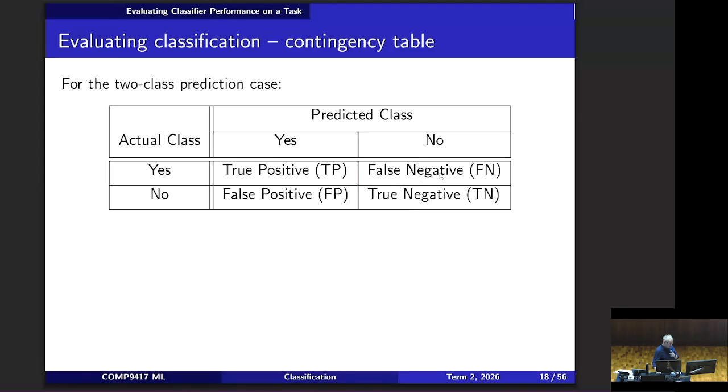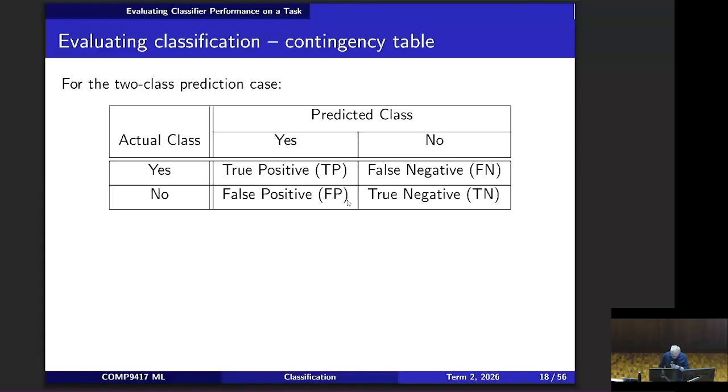Off the diagonal, you can see the two error cases. So even in this simple setting, you might want to debug your learning method by asking what kinds of errors you're getting. Am I getting false negatives predominantly? Am I getting false positives predominantly? That may give you some insight into where the model's going wrong.